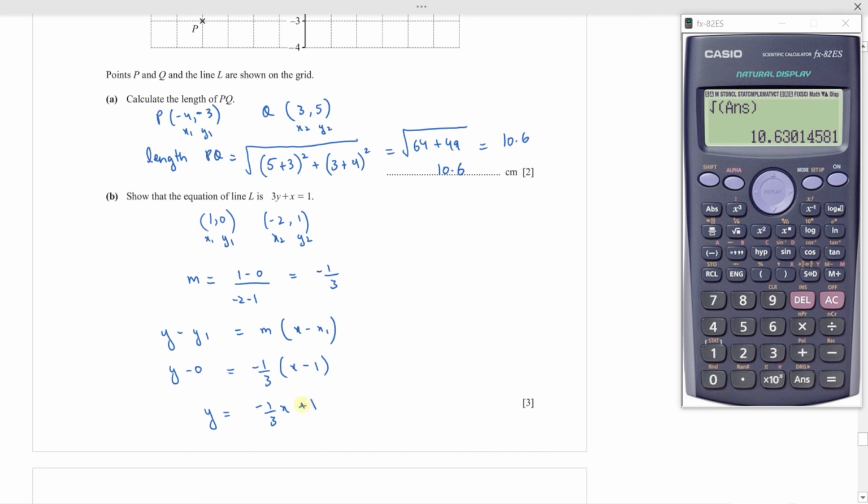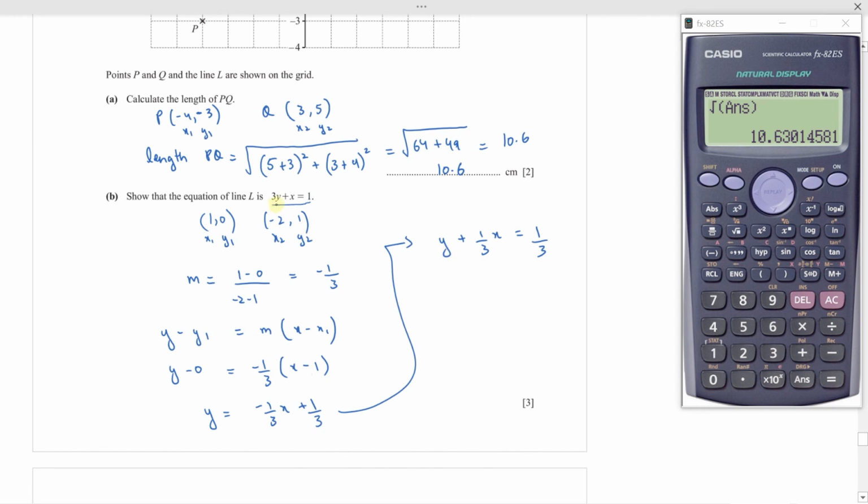Now I need to take this to the other side. If I take this to the other side, I will get y plus 1 by 3x equals 1. Oh, sorry, this would have been plus 1 by 3. When I open this bracket, minus 1 by 3x and plus 1 by 3.